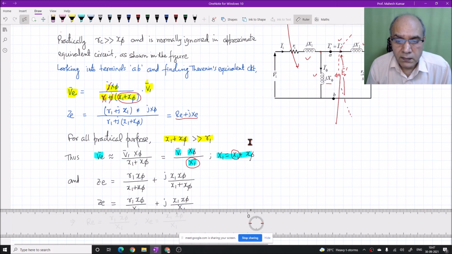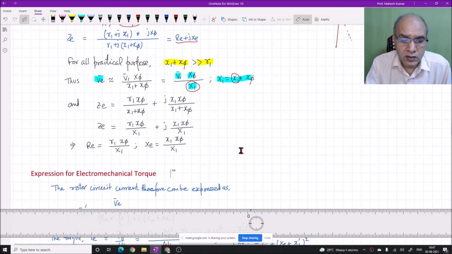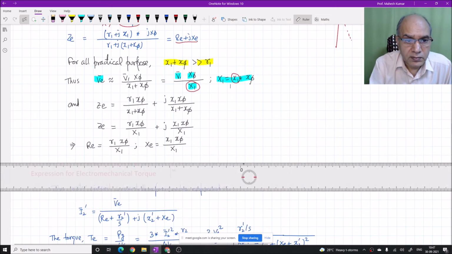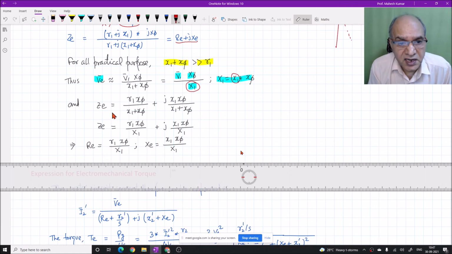And similarly we can write the expression for the overall impedance ZE in terms of these parameters. It becomes R1 into X phi, because j is gone, this is very high, so this is being ignored here, this j is gone with this j. So RE becomes R1 into X phi by X1 plus X phi, which is X1.